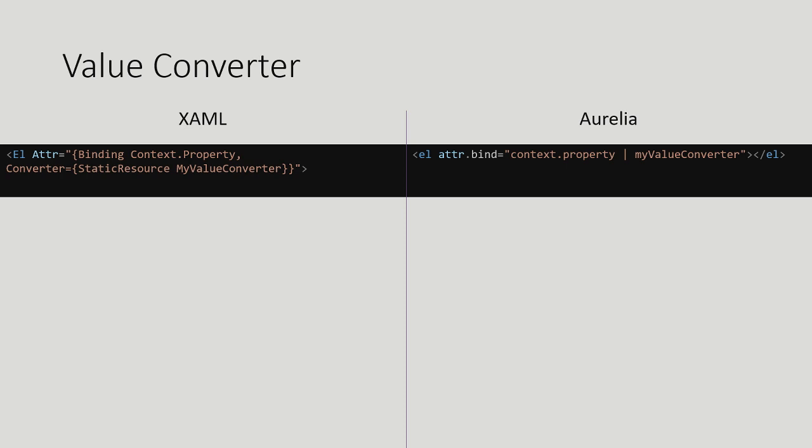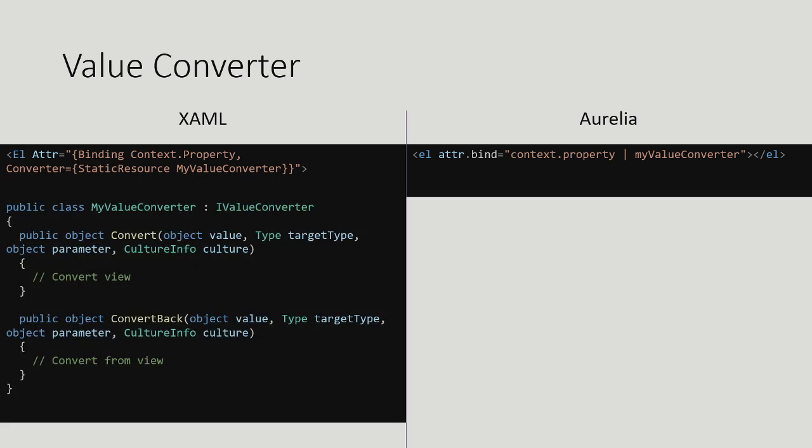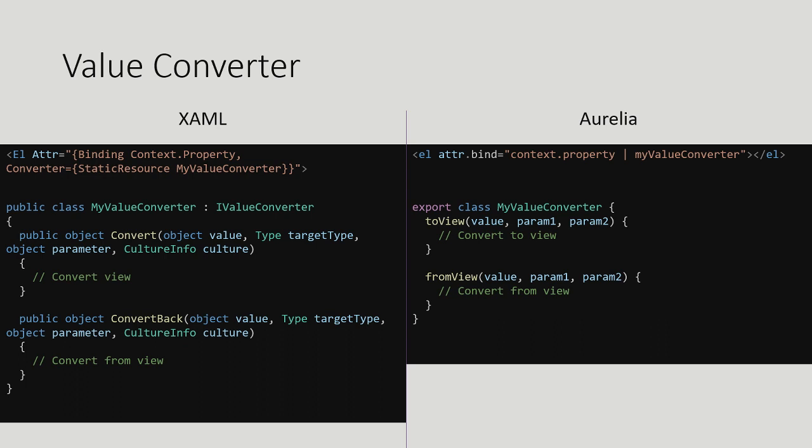Yeah, I think you can understand that. So in XAML, you just define a binding with a value converter from some static resource or some other resource. With Aurelia, the idea is really similar. Syntax is a bit different, but you define your value converter like this.